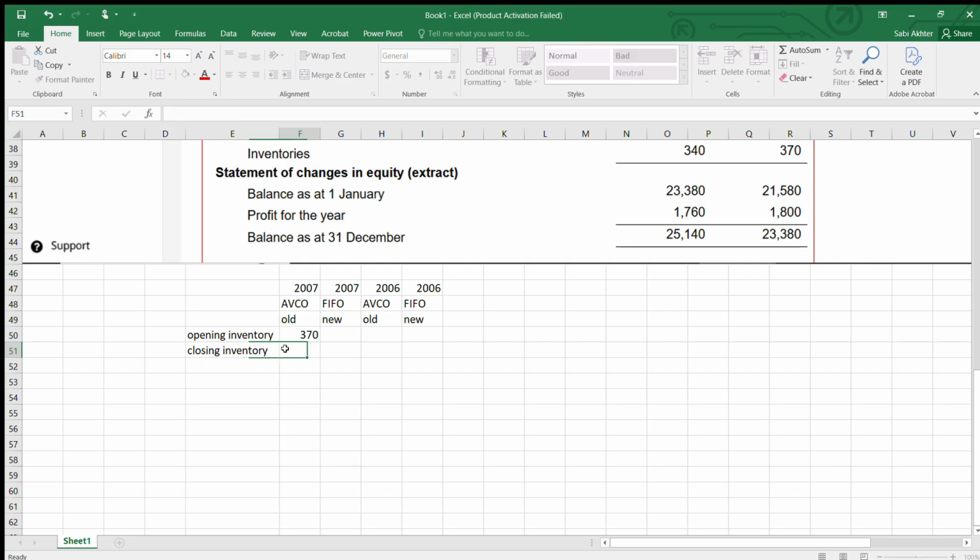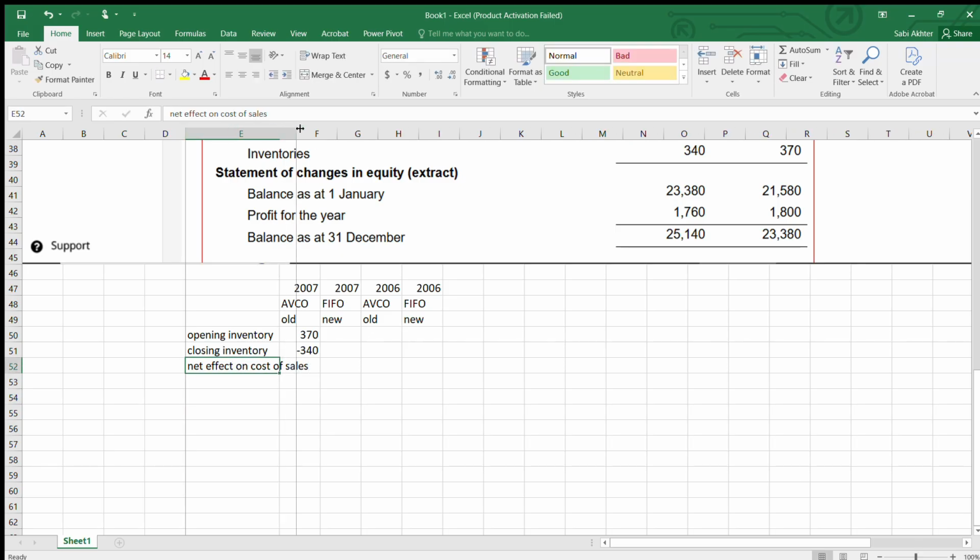370 minus 340. From opening we deduct closing to get the effect on the cost of sales, because your inventory will have a direct impact on your cost of sales when your policy changes for inventory valuation.